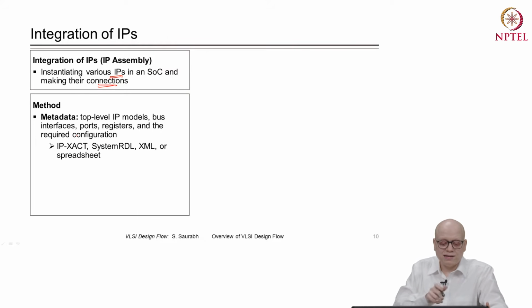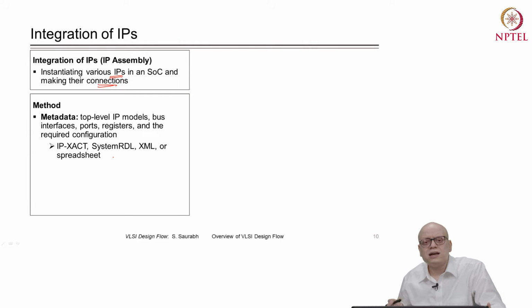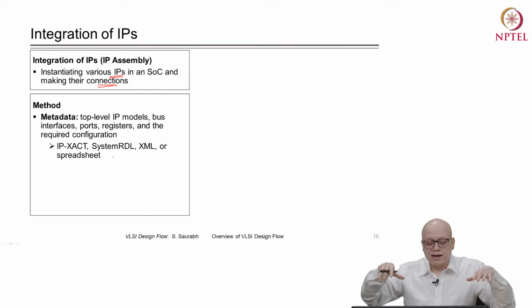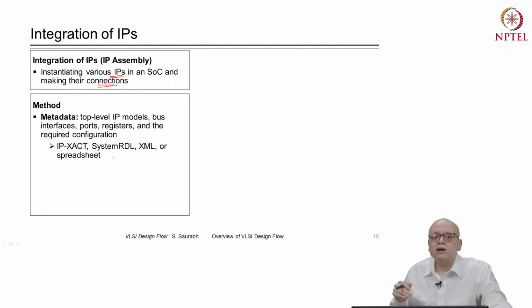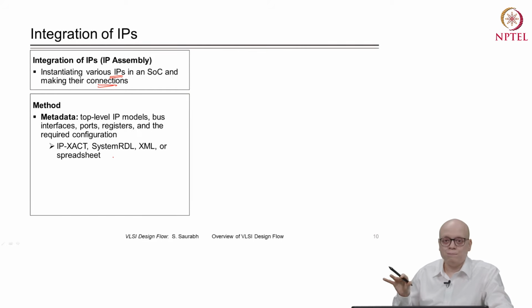For example, there is IP-XACT, SystemRDL, XML, or even a spreadsheet can be used for filling in that metadata: what IP models need to be in your design, what the bus interfaces are, what the ports are, what the registers are, and what the configuration of each of the IPs is.